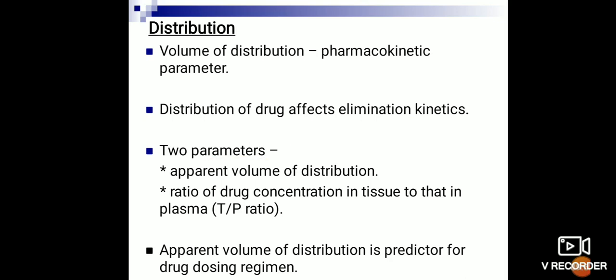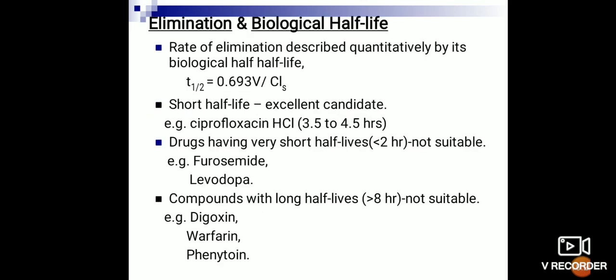So the two parameters are the apparent volume of distribution and the ratio of drug concentration in tissue to that in plasma, that is the T by P ratio, drug concentration in tissue divided by the concentration of drug in plasma. That ratio is important. Apparent volume of distribution is a predictor for the drug dosing regimen. When you want to calculate the dose of a drug, the value of VD is important.